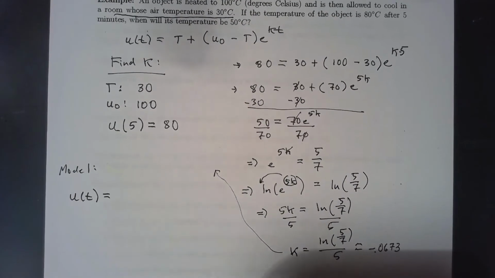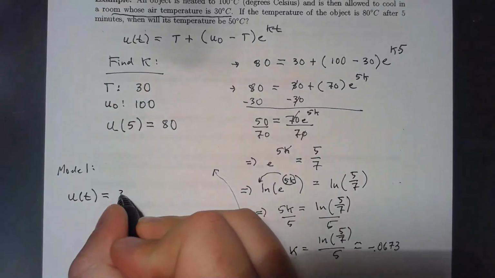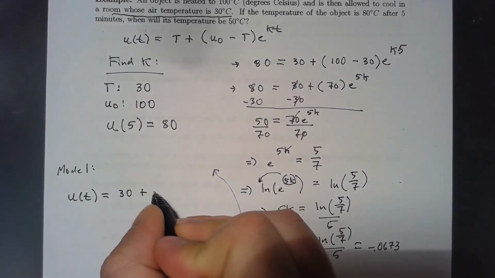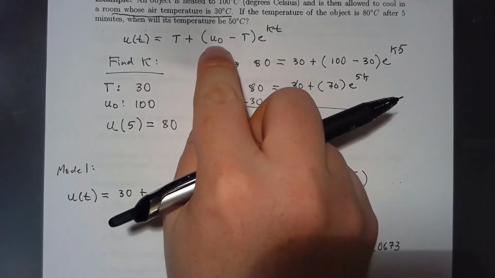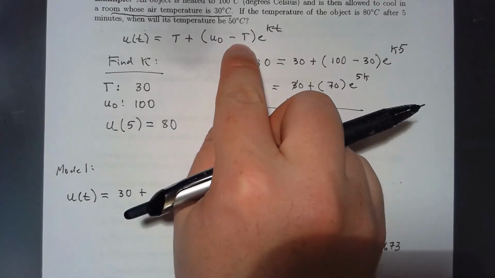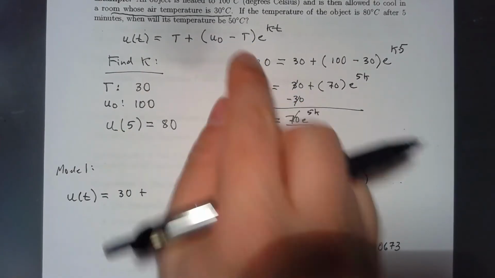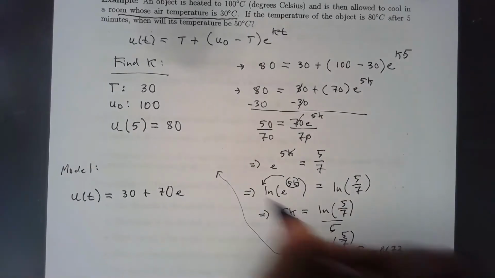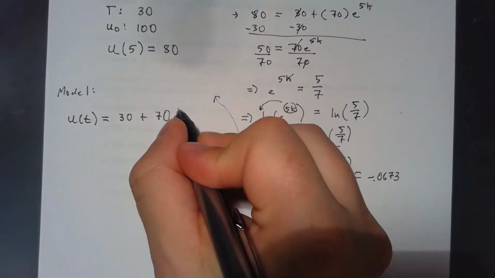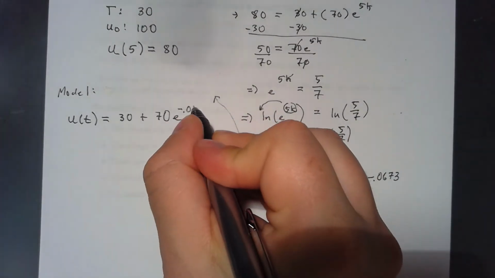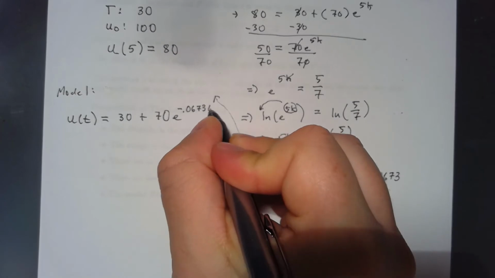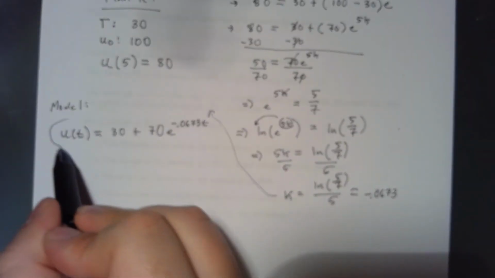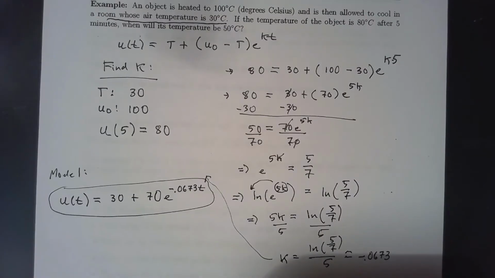The temperature of the environment is T, right? So it's 30 plus, now we know the initial temperature is 100 and the temperature of the environment is 30, so 100 minus 30 is 70. So plus 70 times e to the negative 0.0673 times T power. That's my model. That measures the temperature of the object after T minutes.